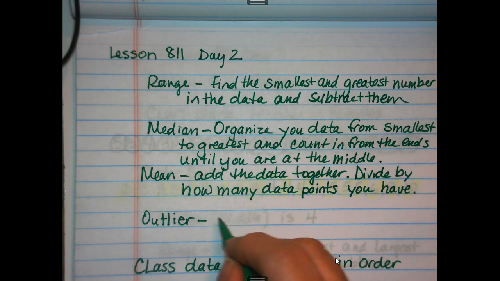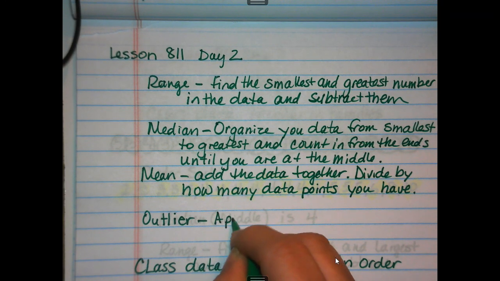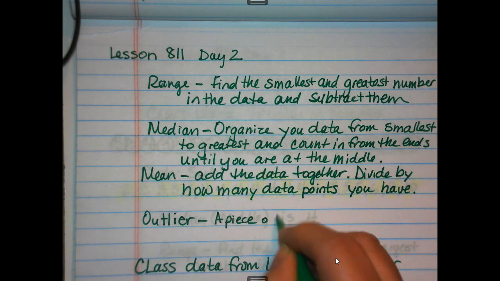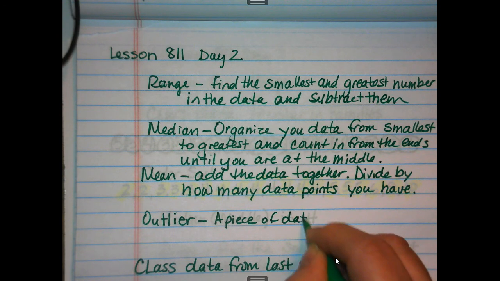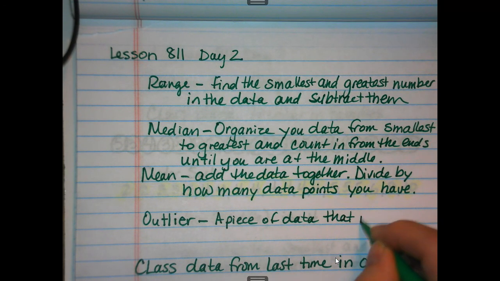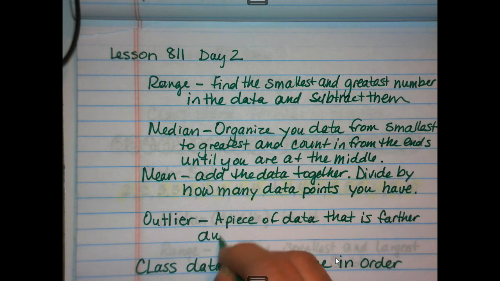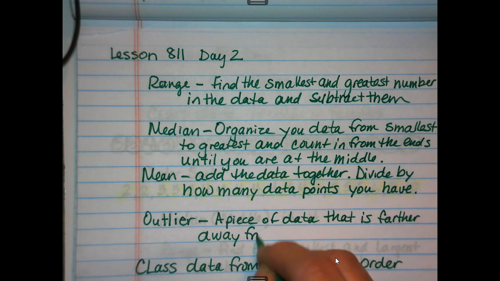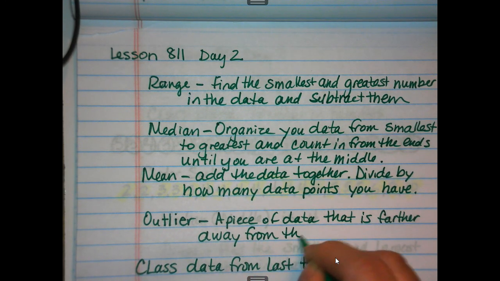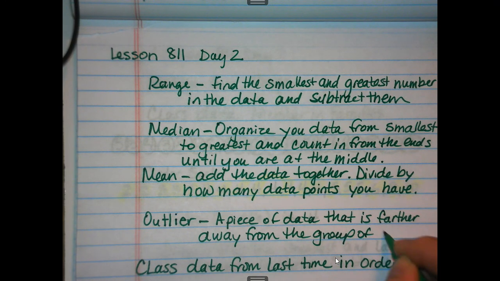Outlier, this is kind of what it says. This is a piece of data that is farther away from the group of data.